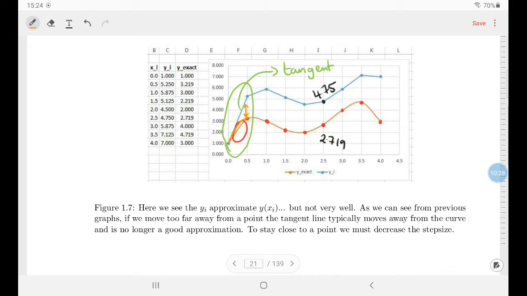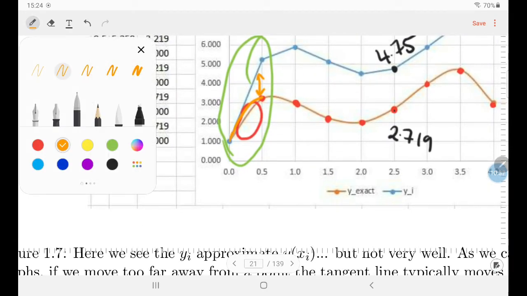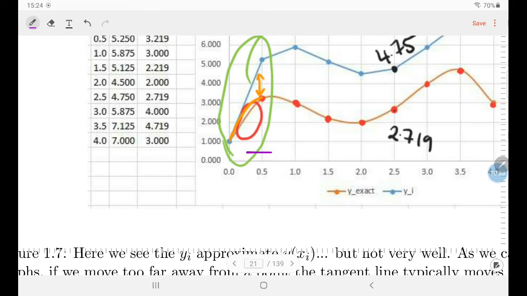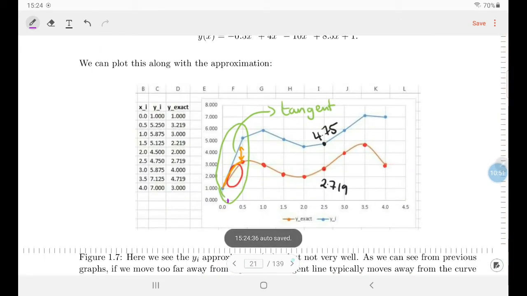Okay, so if you want to stop this big error, we need to decrease the step size. So if we didn't go as far as 0.5, suppose we only went as far as, say, 0.1, then if this orange curve that I drew is the correct one, there's very little error there. We'd have a much better chance of staying close to the true solution.